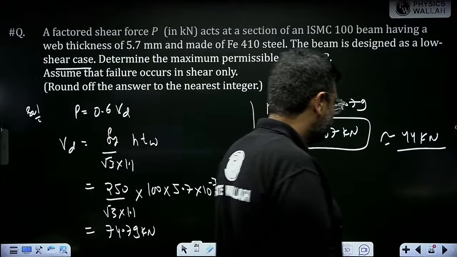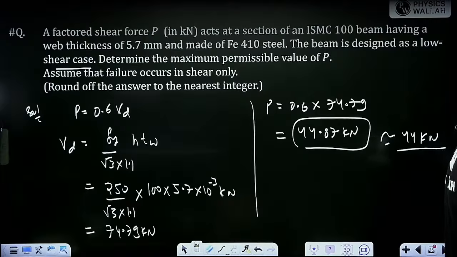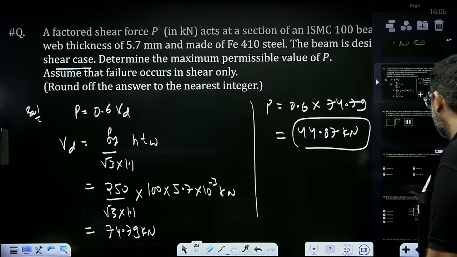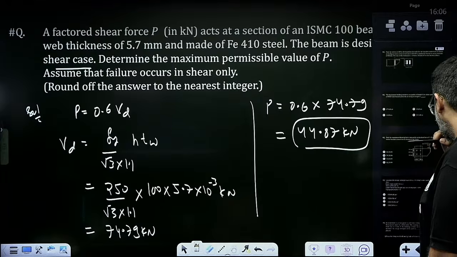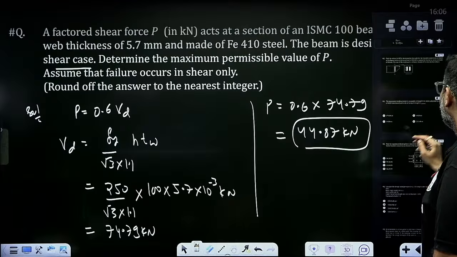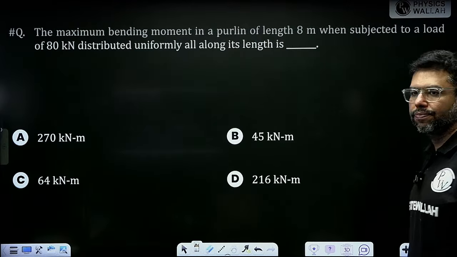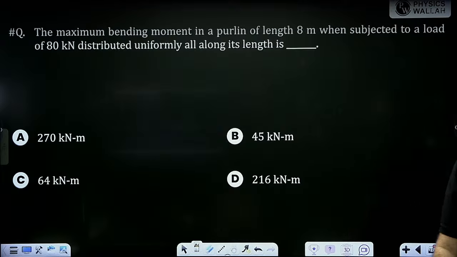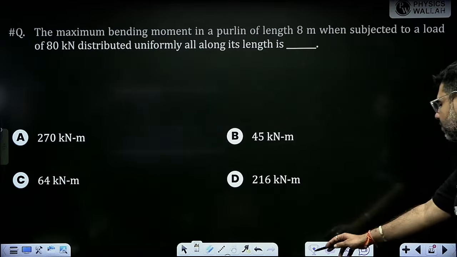Kajal ji, very interesting question, it's simple only. I have tried to include many types of questions here that will help you a lot. Solve this one as well. For purlins, you have to solve. Tell me the answer.